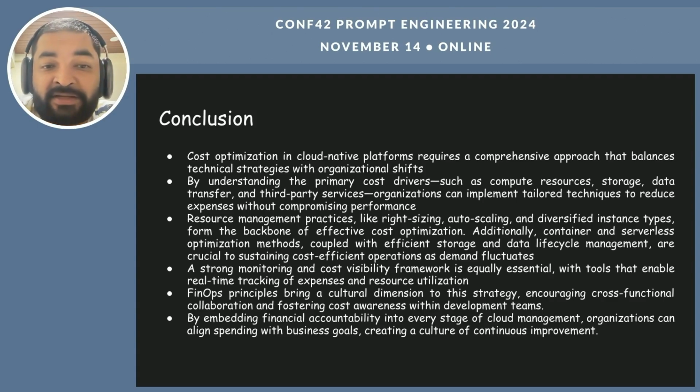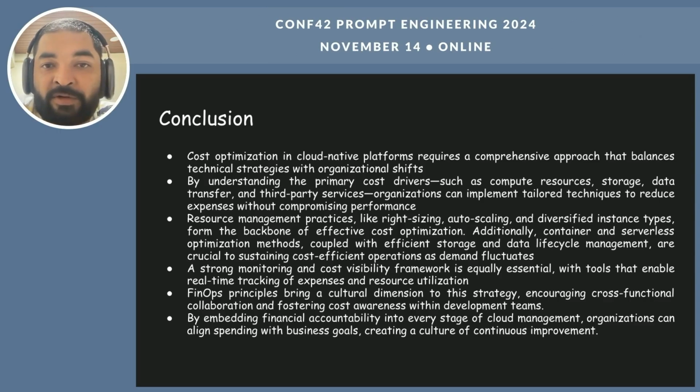Additionally, when it comes to containers and serverless, make sure you use limits and requests appropriately. Coupled with that, when it comes to databases and block storage, use data lifecycle management policies to make sure that the data is stored securely and also in a cost-efficient way.